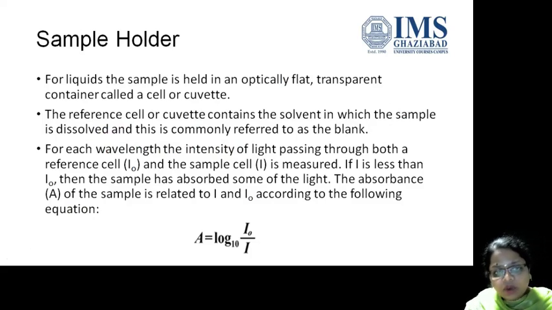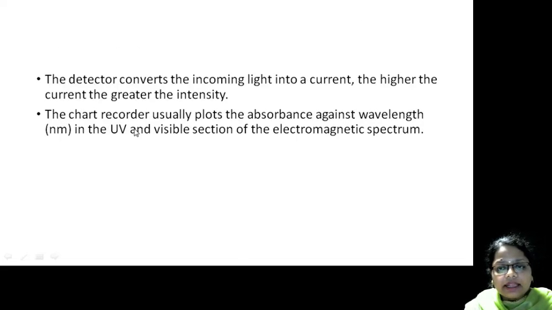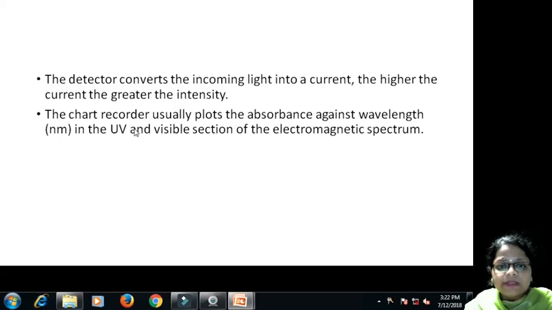The sample holder for UV visible spectroscopy is known as a cuvette, and can be made of silica. Then the light finally goes to the detector, which converts the incoming light into current, and then a chart recorder helps in plotting the absorbance against the wavelength.